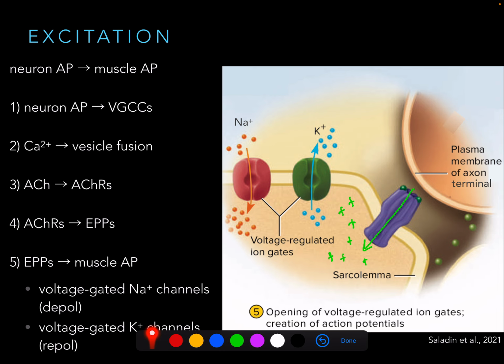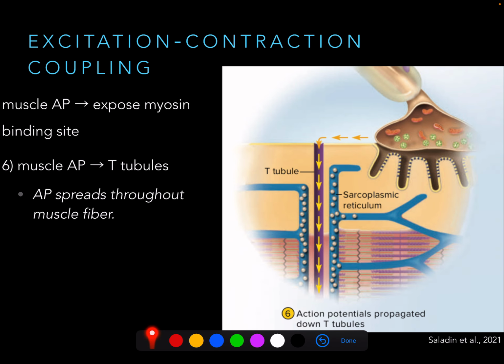Sodium depolarizes, potassium hyperpolarizes and repolarizes. This works exactly like any other action potential. So we hit threshold because of ligand-gated ion channels, and once we hit threshold, the voltage-gated ion channels propagate the depolarization. That's this yellow arrow here, my action potential, along the surface.